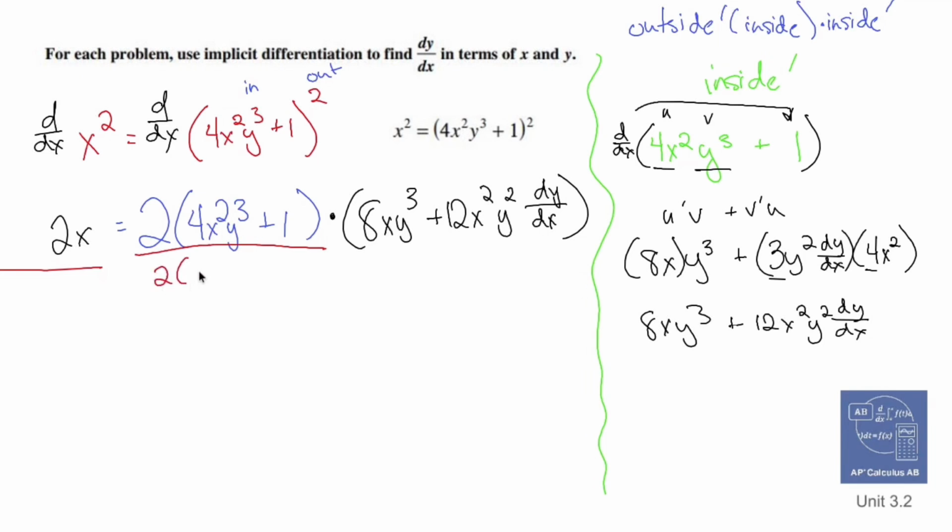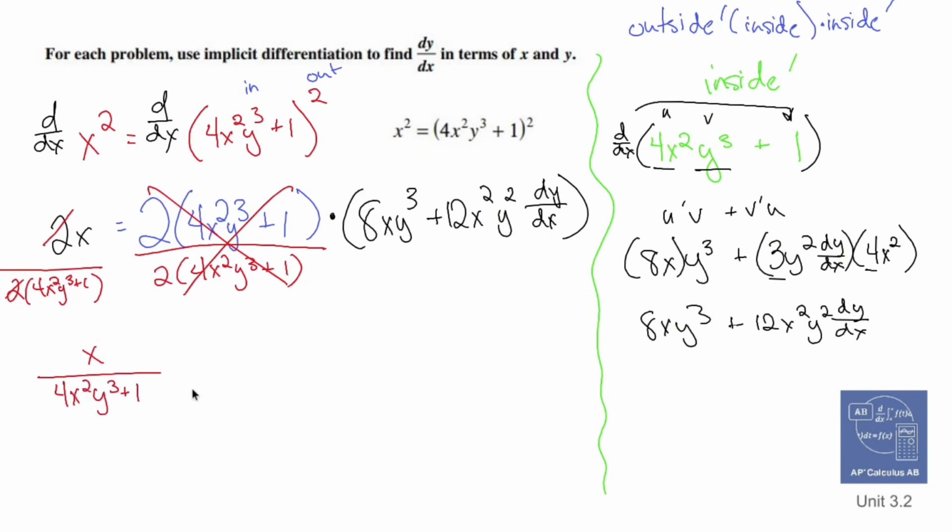So let's divide everything by 2 times 4x squared y cubed plus 1. Okay, all of that goes away, and fortunately the 2's go away. So on the left, we have x over 4x squared y cubed plus 1.